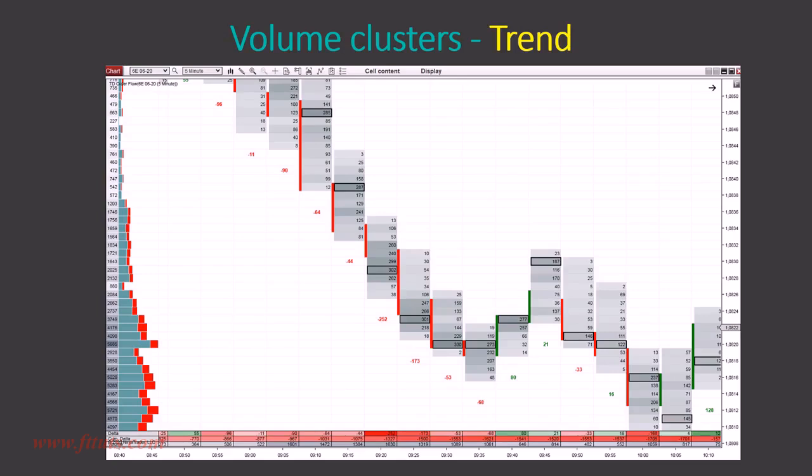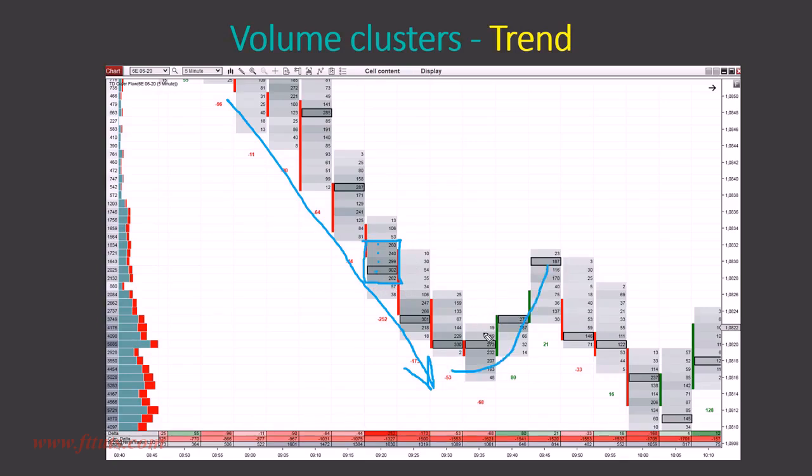All right, now let's move on to another example. This is also futures on the euro, 5-minute chart. There was also a downtrend and a significant volume cluster created in here. Those four. You can immediately tell if you look at the chart that there were massive volumes created there. Probably some algorithm was selling aggressively in this place. So what you want to do is wait for a pullback.